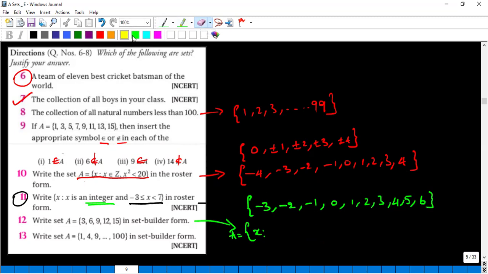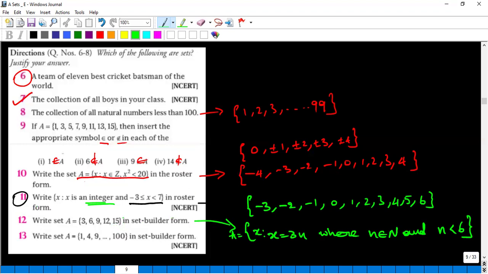I forgot to write the condition. x such that x belongs to 3n, where n belongs to N and n is less than how much? n is less than, 3 fives are 15, I will write 6. So I can frame the set very easily.